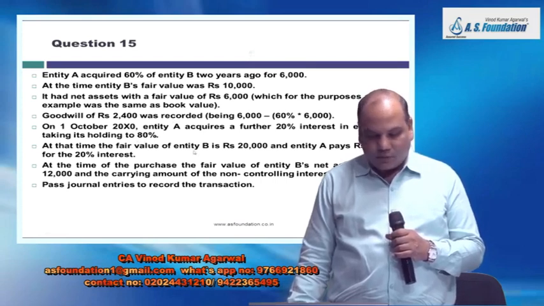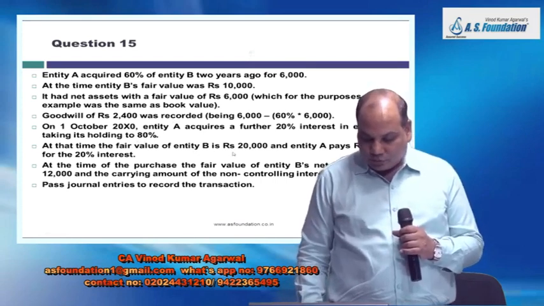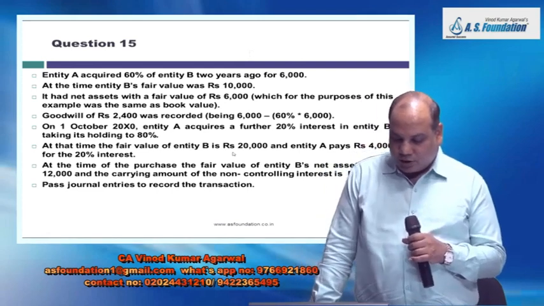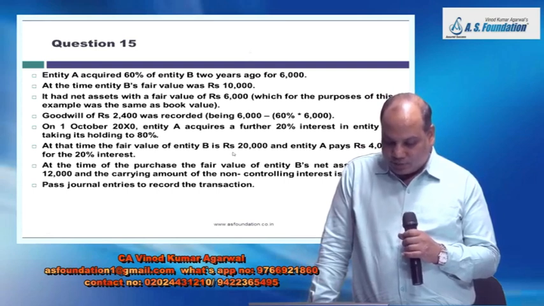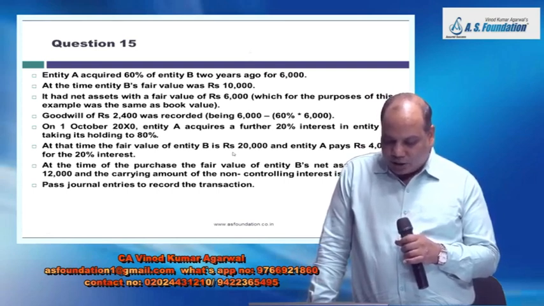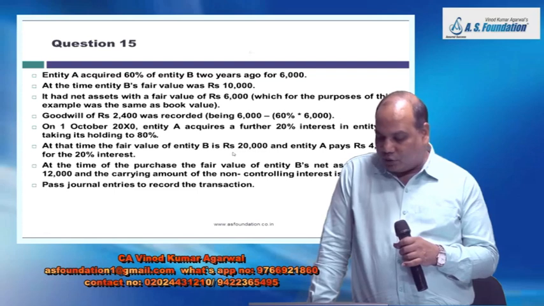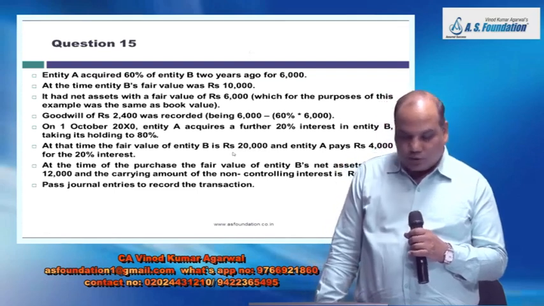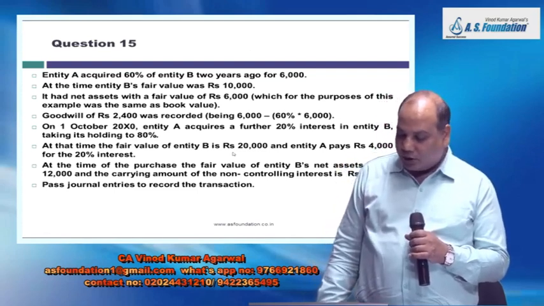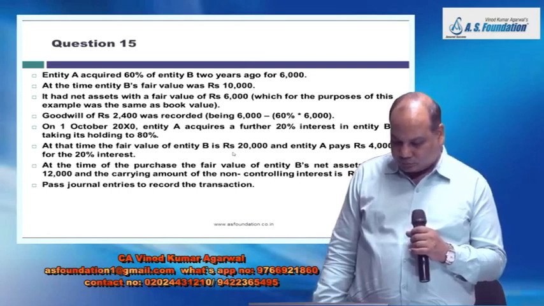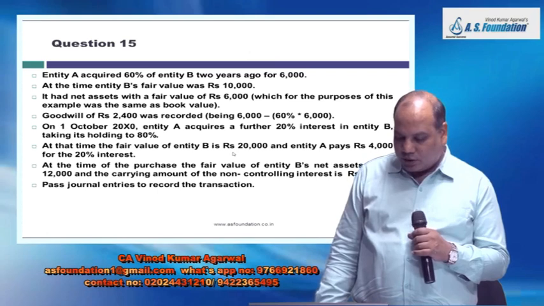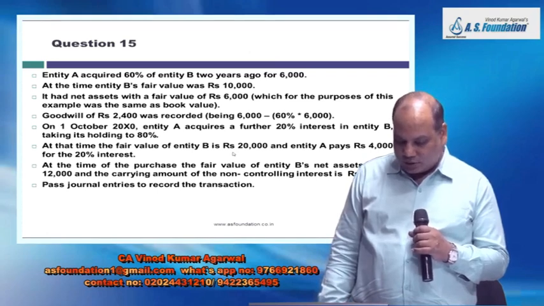At that time, the fair value of entity B was 20,000 and entity pays rupees 4,000 for the 20% interest. At the time of purchase the fair value of entity B's net asset is 12,000 and the carrying amount of the NCI was 4,000. Pass journal entries to record the transaction.